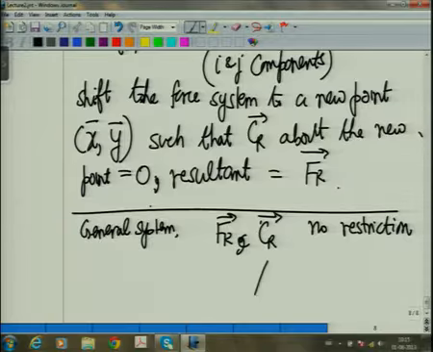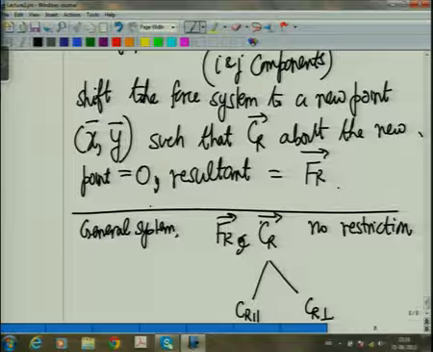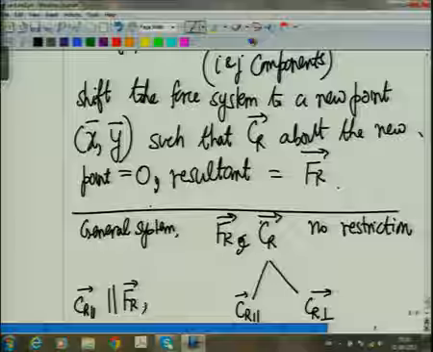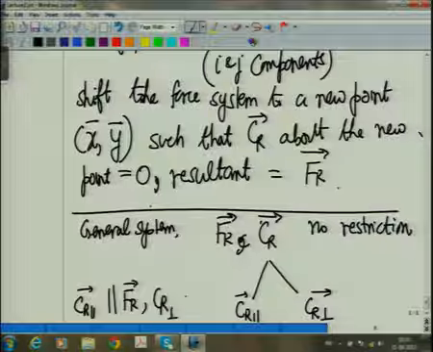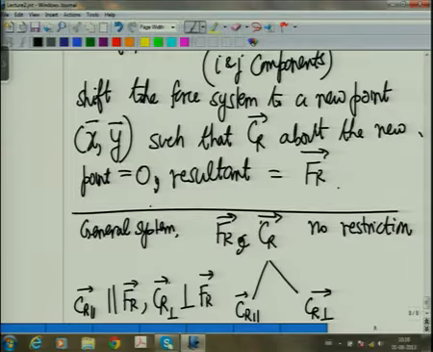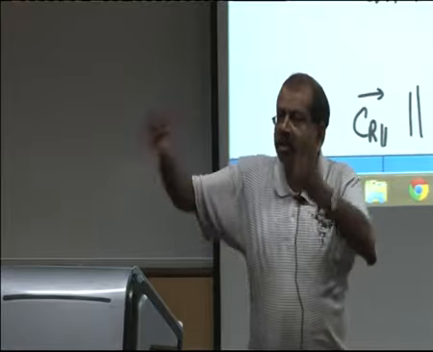Now what we can do is, the CR which comes, we can divide it into two parts, a CR parallel and a CR perpendicular, where CR parallel is parallel to the resultant force, and CR perpendicular, as the definition says, is perpendicular to the resultant force. So this is a general system.